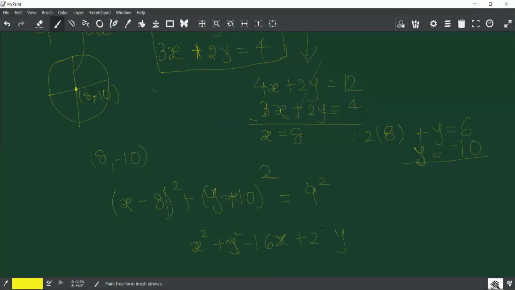Shravani, just check your answer. This is 64, this is 100, so that is 164 and this is 81. So 164 minus 81, correct? So 83 will come.